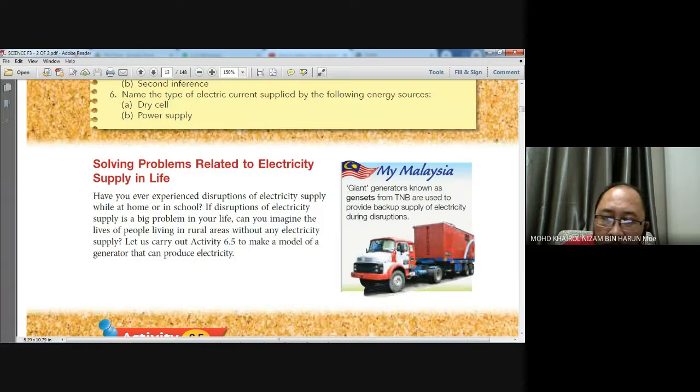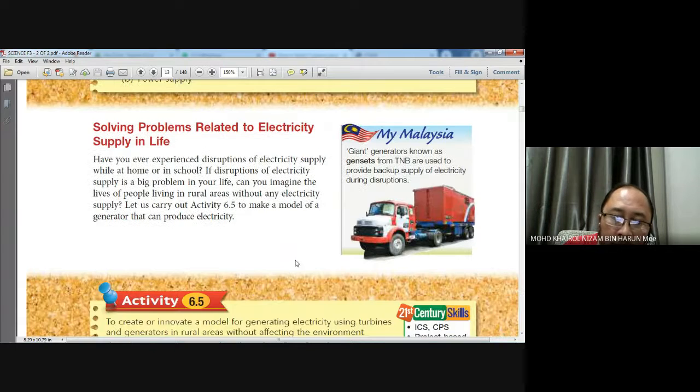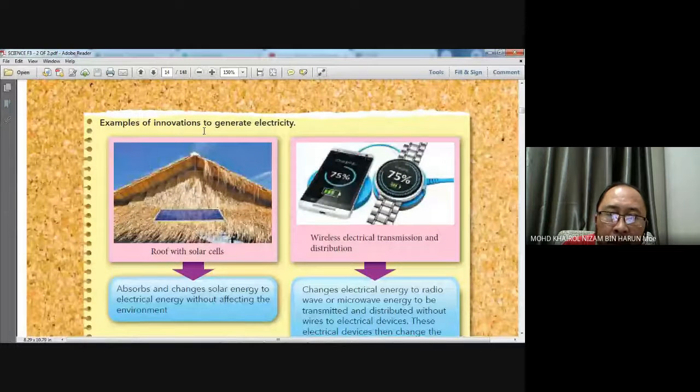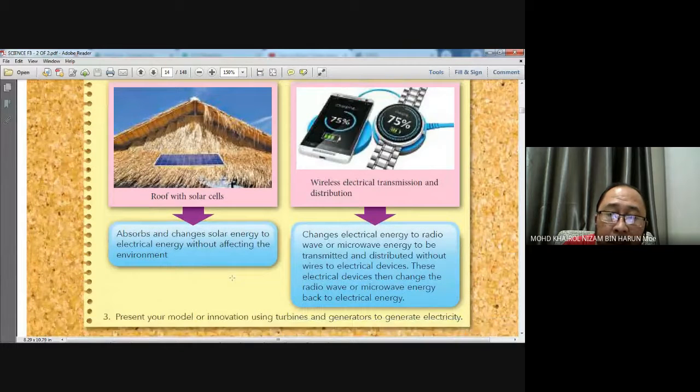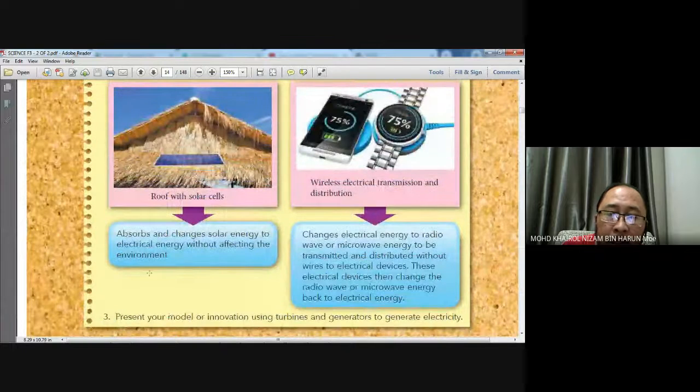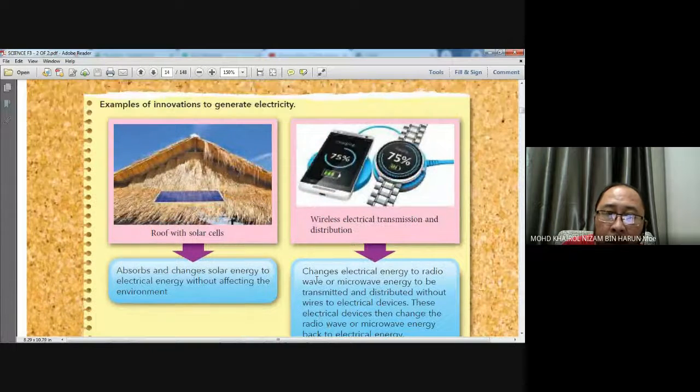For example, this one, we call it a genset. This genset can be used to generate electricity, but in a small amount only. Okay, so the last one, example of innovation to generate electricity. You can read from this one the application, and how the concept of generator is being used in electrical appliances.